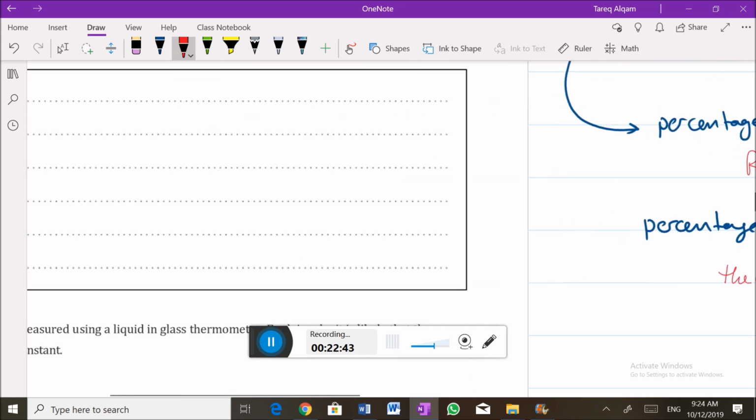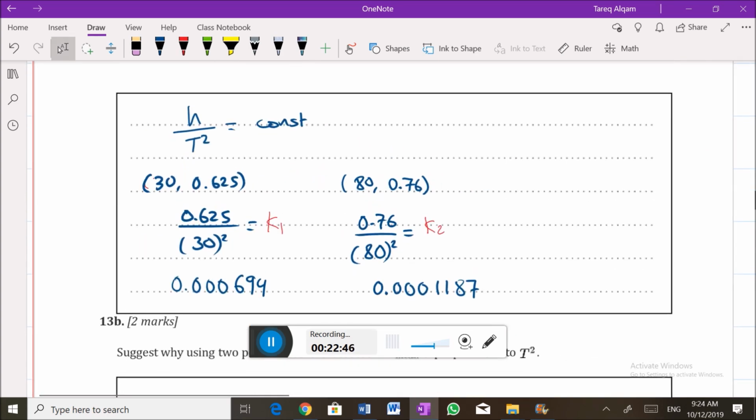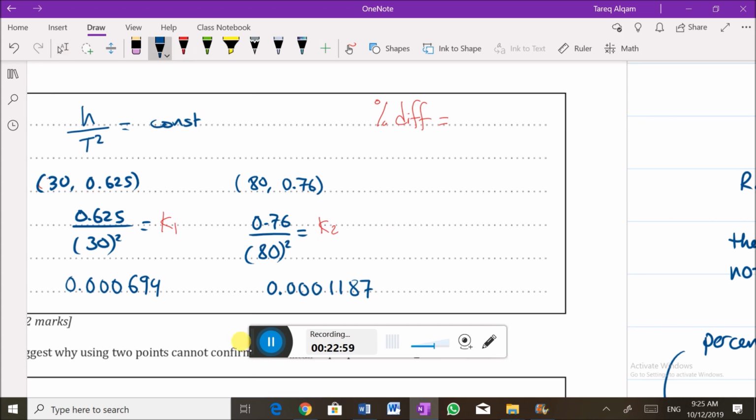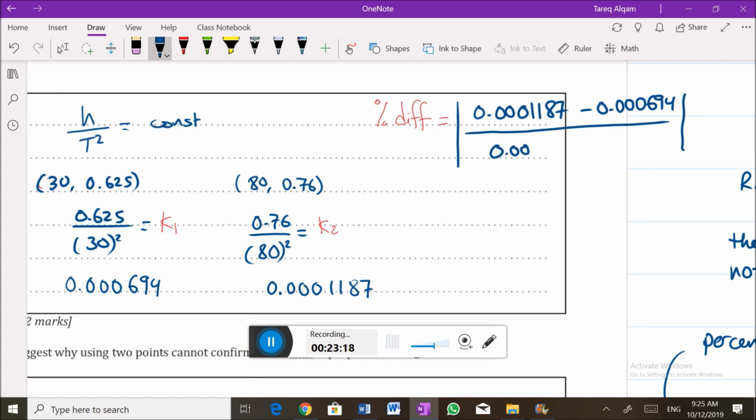Now let's apply these. Now let's take percentage difference, which is 0.000187 minus 0.000694 as an absolute value over 0.000187 plus 0.000694 over 2.